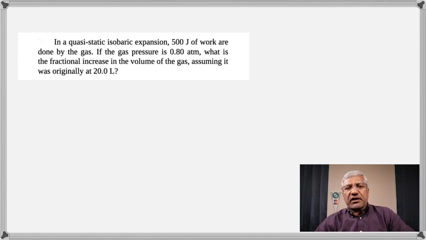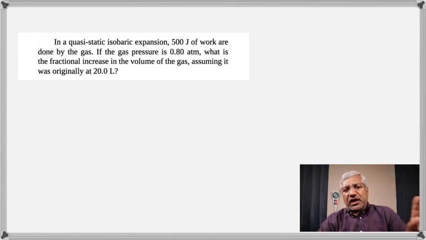In a quasi-static isobaric expansion, 500 joules of work are done by the gas. If the gas pressure is 0.808 atmospheres, what is the fractional increase in the volume of the gas, assuming it was originally at 20.0 liters? So what do we have?